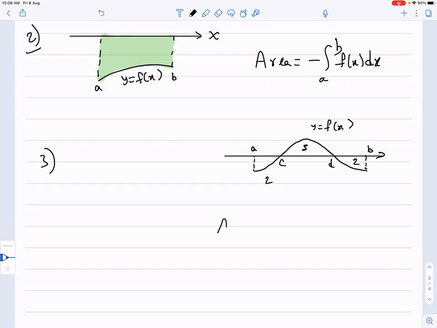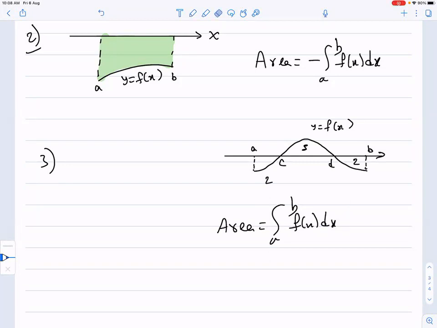If you write the area as integral a to b f(x) dx, you know what value you are going to get. Can somebody tell me what value you are going to get? 1. You're going to get 1. You're not going to get 2 plus 5 plus 2. Even if you apply modulus at the end, you will get only 1. 1 is a completely wrong answer.